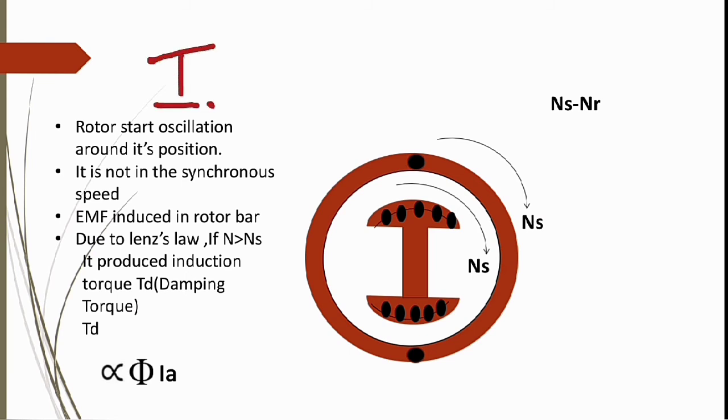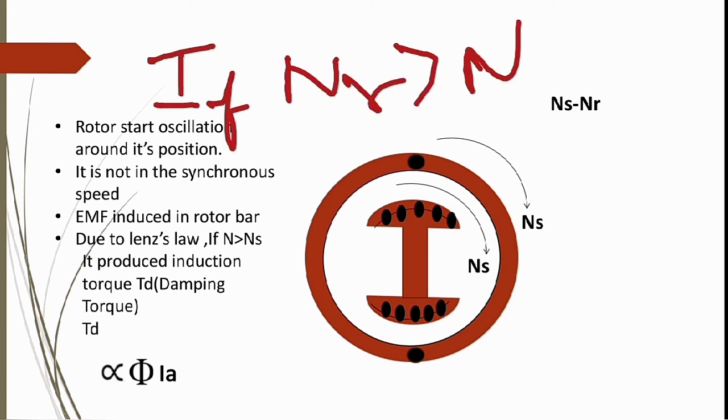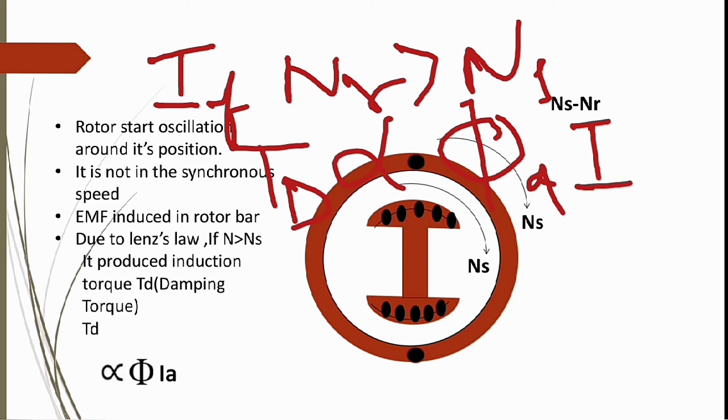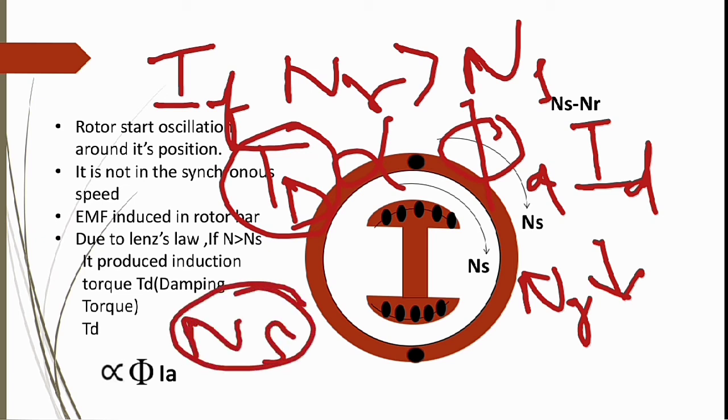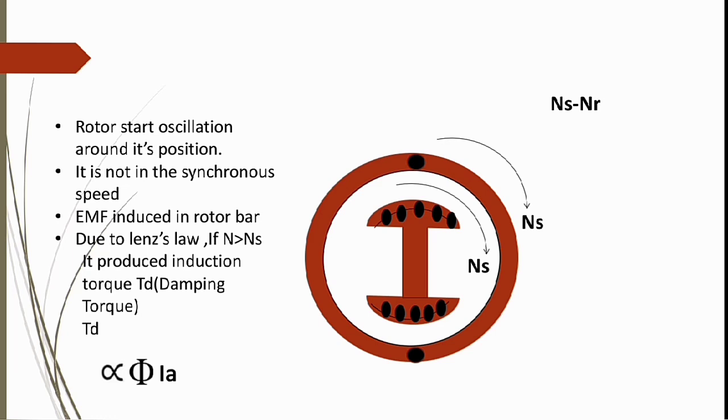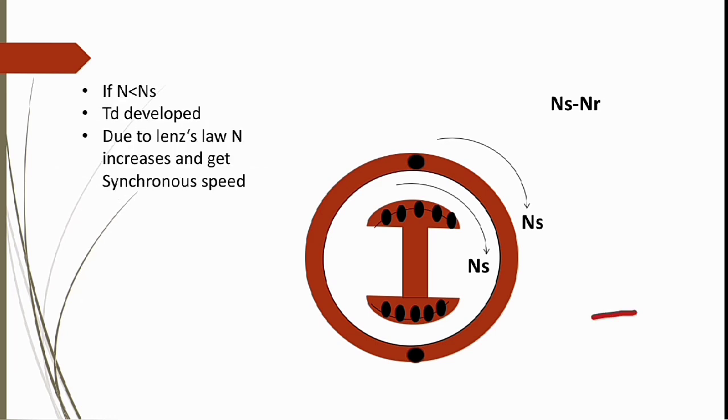What is the condition? If nr is greater than ns, then because of Lenz law the torque produced is proportional to phi a and id, the current in the damper winding. Because of this damping torque, the rotor speed decreases until the synchronous speed is reached. The second condition is when nr is smaller than ns.